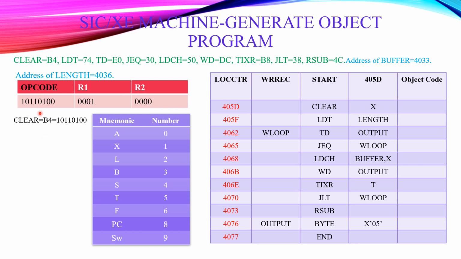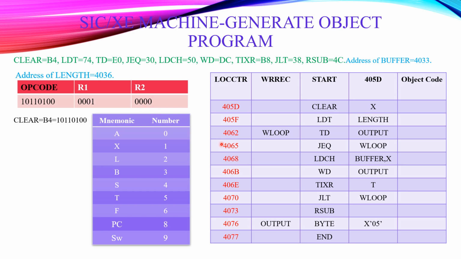For type 2, the opcode will have 8 bits. So B, we have to write in binary form: it is 1011, and 4 is 0100. It has a storage of 8 bits, so we can write all 8 bits here. Register 1 is X, so we write 0001, and register 2, we don't have any, so it will be 0000.